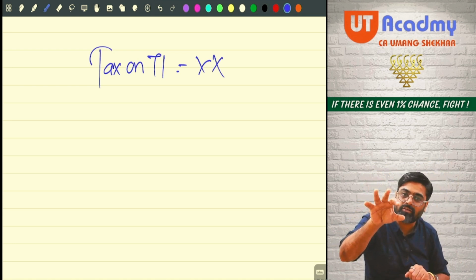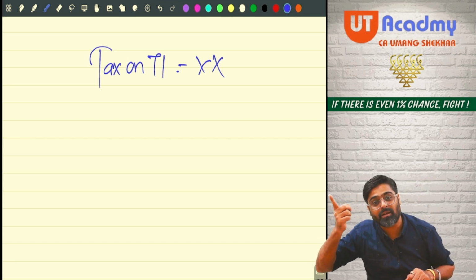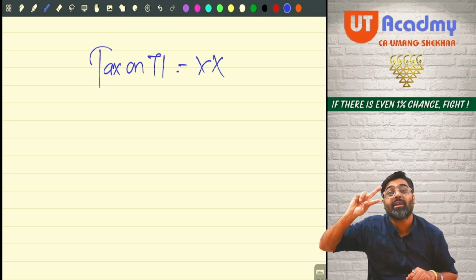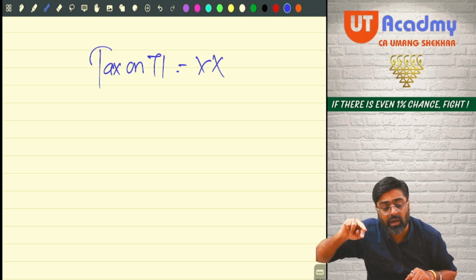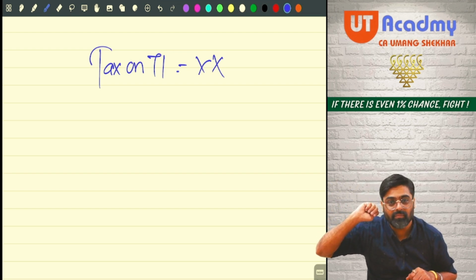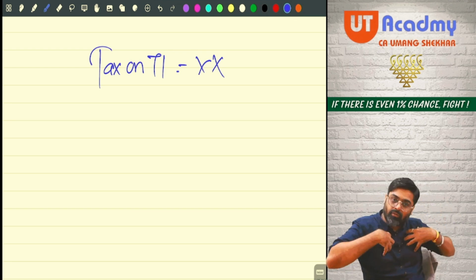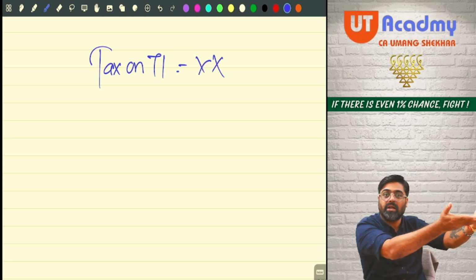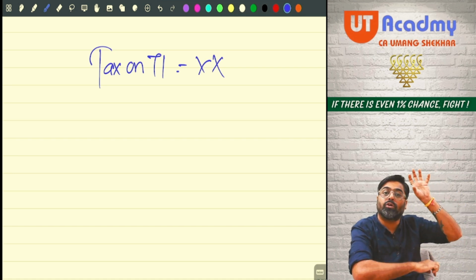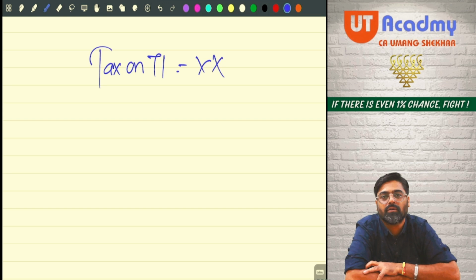Out of this tax, there is some tax which is on short-term gain 111A income, long-term gain 112A, long-term gain 112 income, and dividend income. These 4 incomes I have also earned during the previous year, and on those 4 incomes also the tax is calculated and that tax is included in this tax.